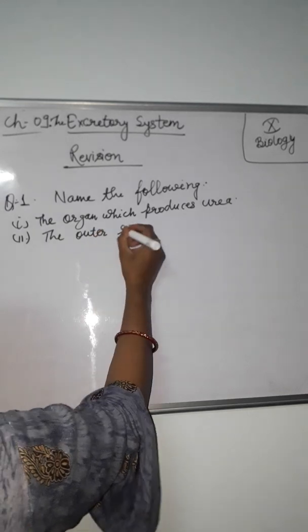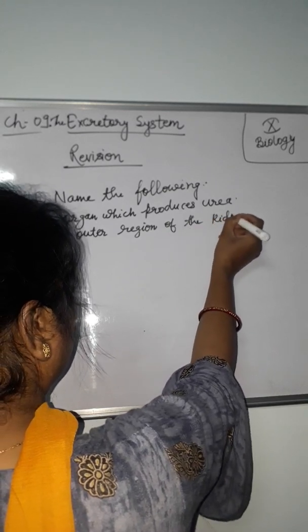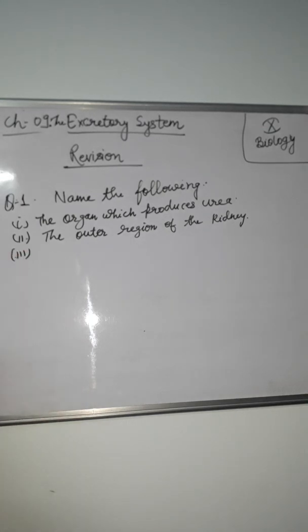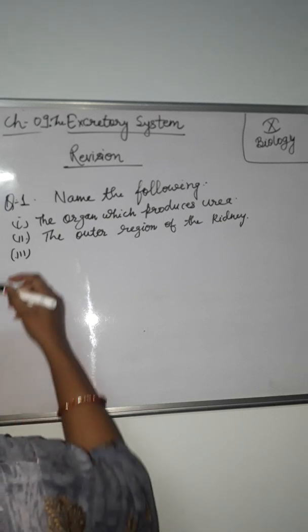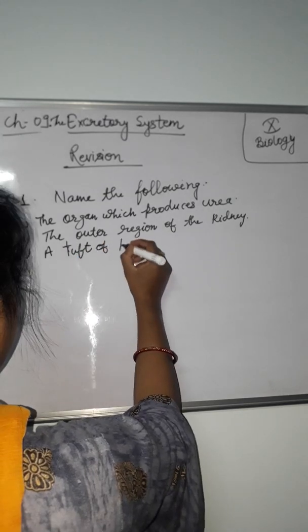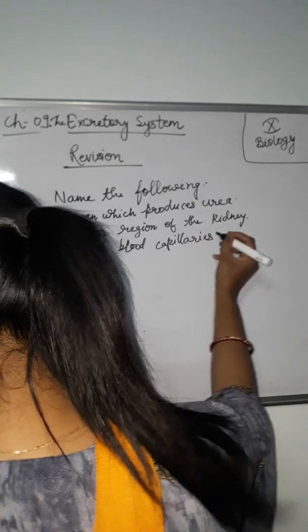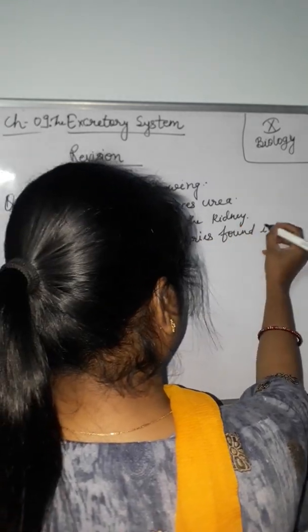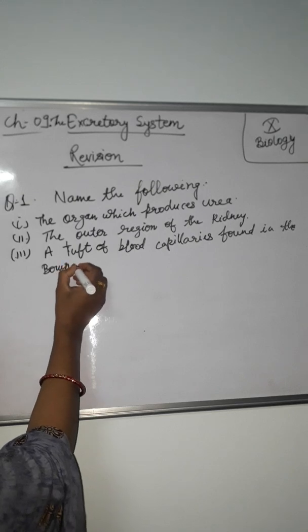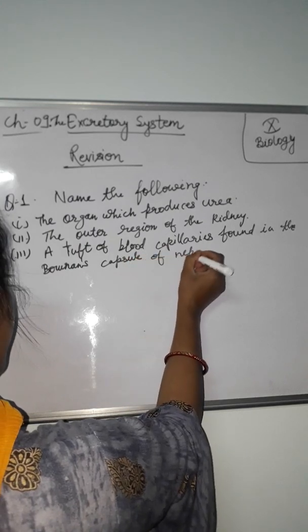Third one, a tuft of blood capillaries found in the Bowman's capsule of nephron.